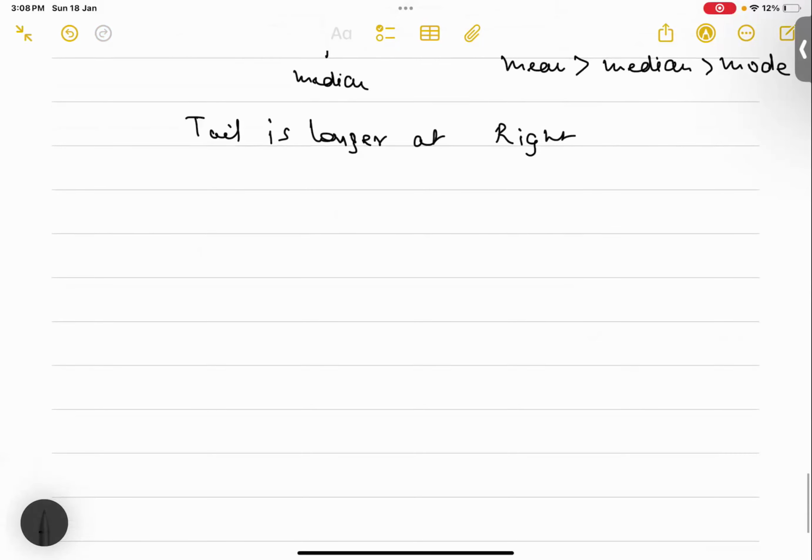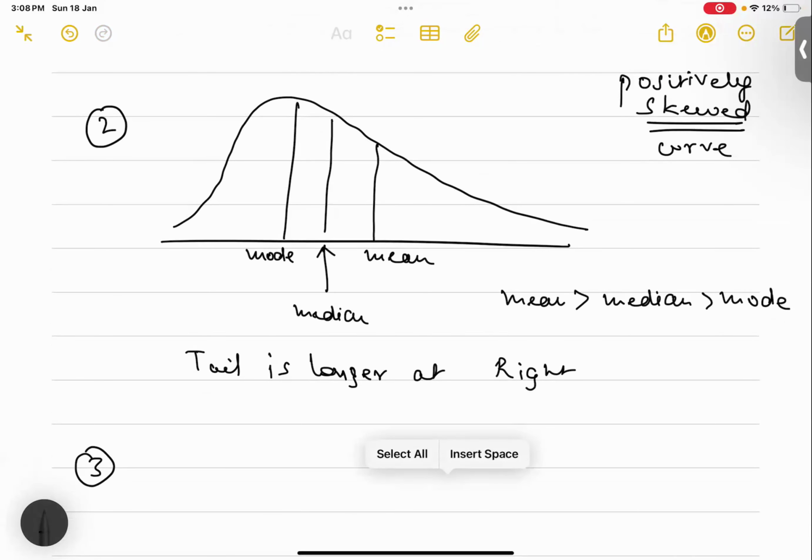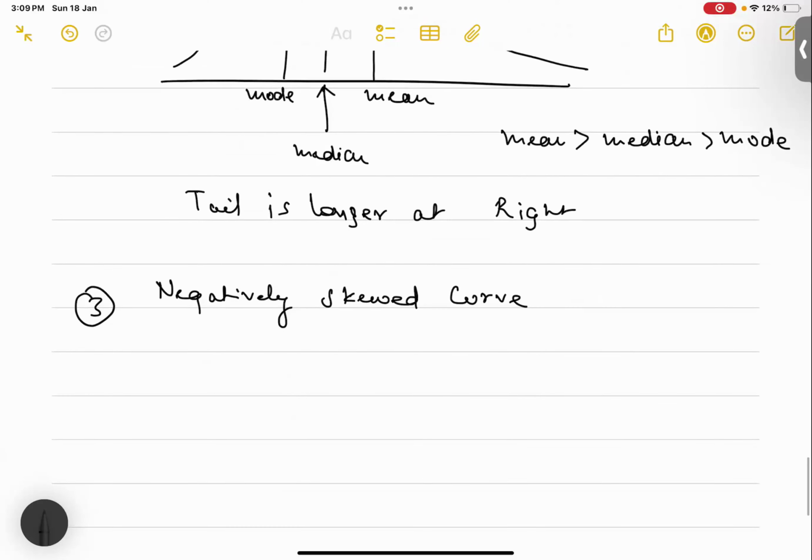Third one. Now, obviously, the third one will be a negatively skewed curve. Negatively skewed curve. So the shape of the curve will be like this.